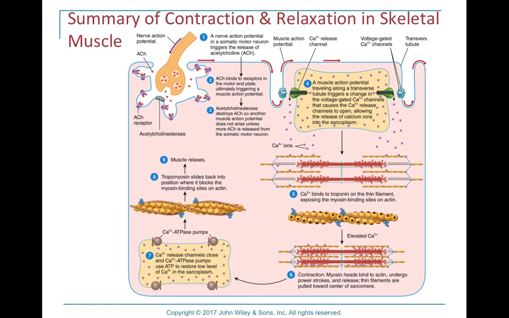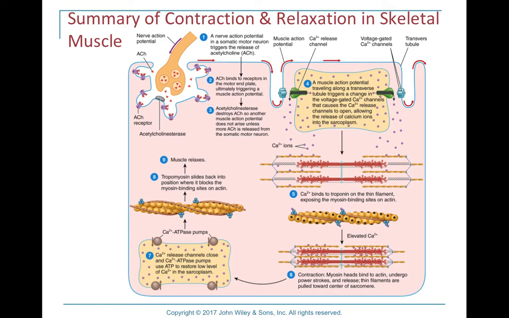All right, so we've summarized here, and we know that we have to have, in this excitation coupling mechanism and in our contraction and relaxation, the brain and the associated neurons coming to the muscle. We must have the acetylcholine, its receptors and enzymes, and then we have to have sodium and potassium channels opening and then closing to create the depolarization and repolarization.